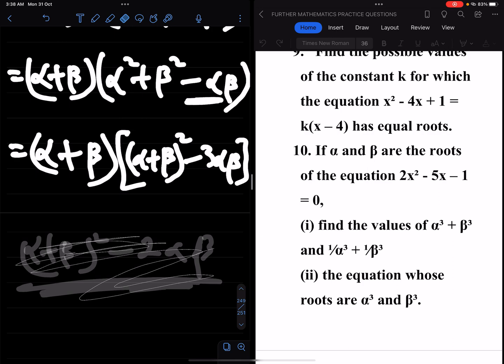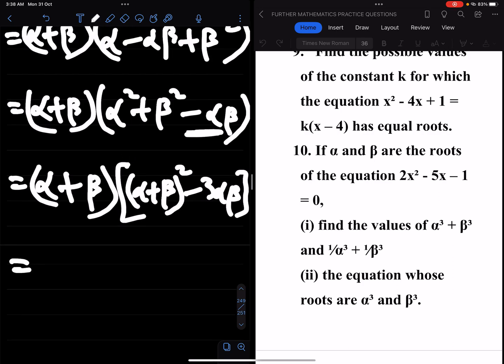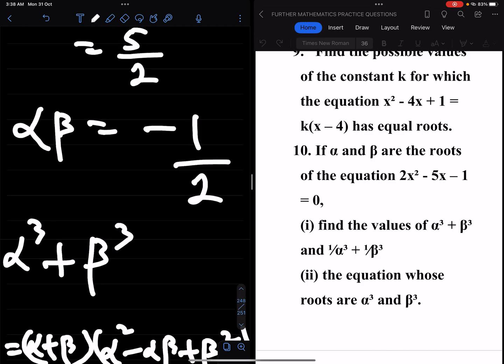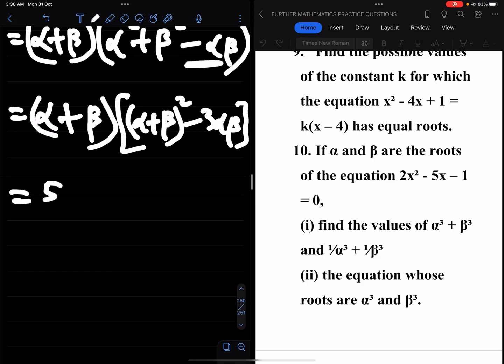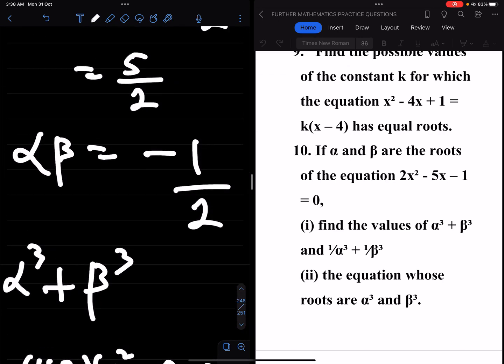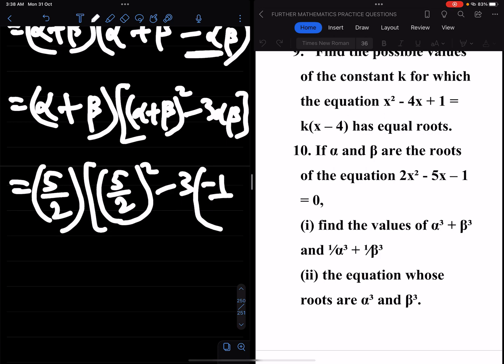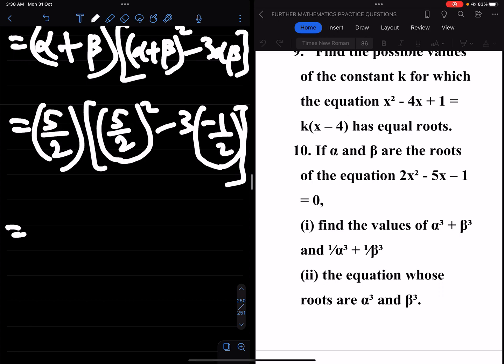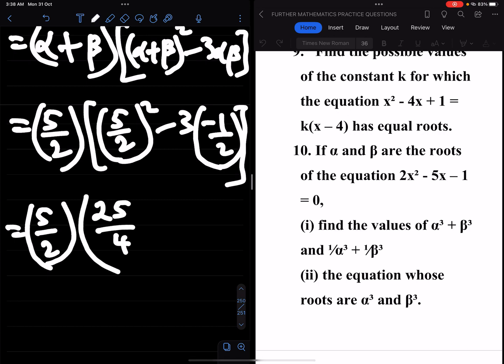Now we can simplify further. Alpha plus beta is 5 over 2. That simply means 5 over 2 into bracket the square of 5 over 2 minus 3 times alpha beta, which is minus 1 over 2, and that's equal to 5 over 2 into bracket 25 over 4 plus 3 over 2.